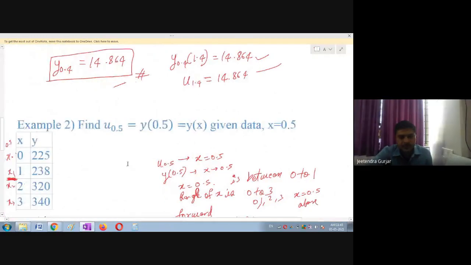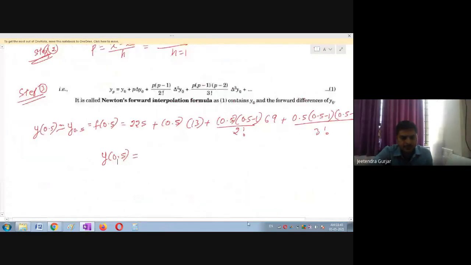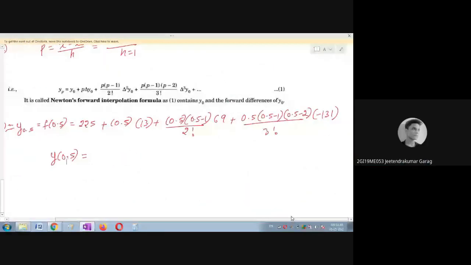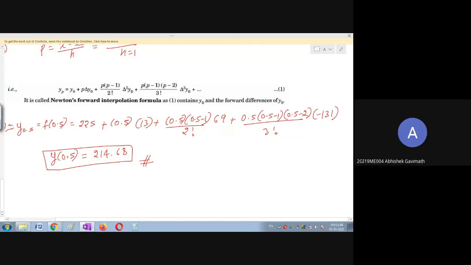The x value they will give different, don't get confused. Simple calculations. Students, please tell me what is the answer. 214.68. That's it, beta. You got the correct answer. Excellent. Please check, everyone is getting the same answer.